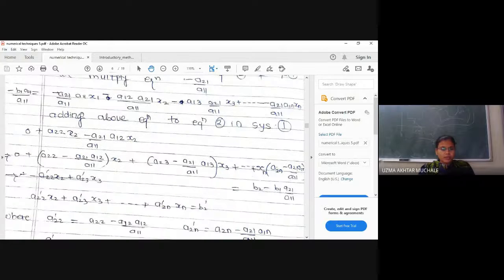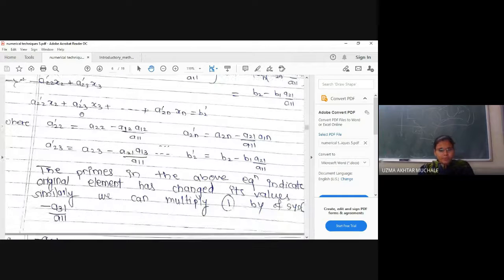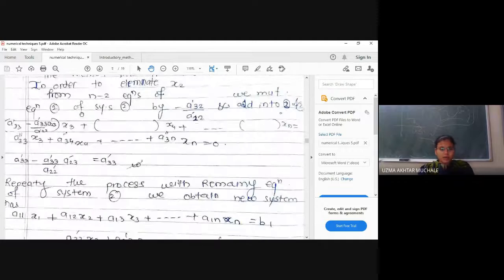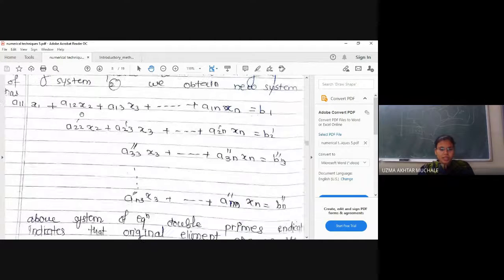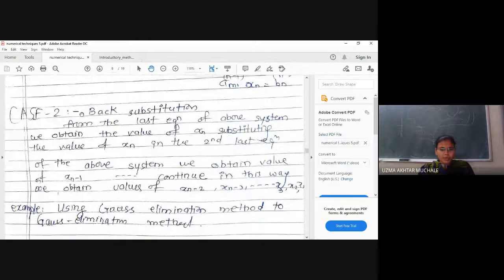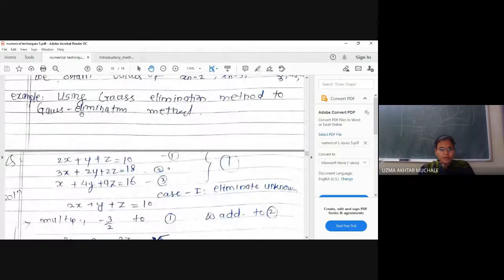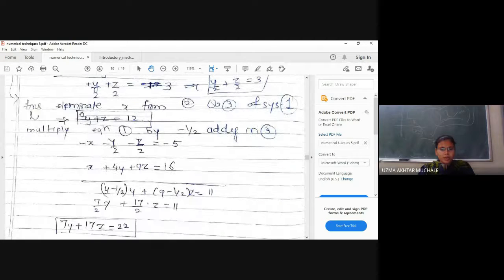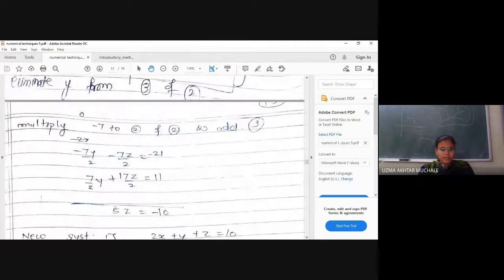I have already told you that you have to multiply your first equation by some scalar and then divide. No doubt, as you are having an MCQ exam, this theory will not be there for you, but you must study the theory so that you can understand this. These are the concepts I have written. Now back substitution means you can find out the values of those unknowns. Here I have solved the example. You can solve it by seeing the example itself.